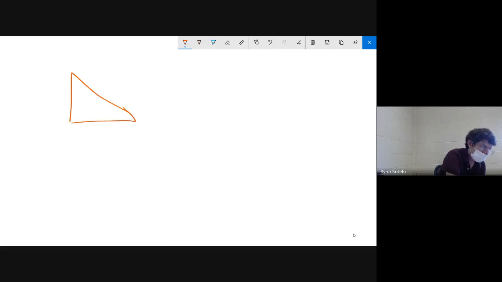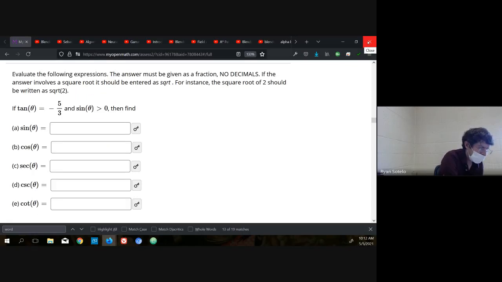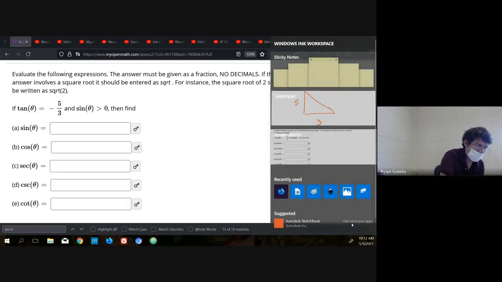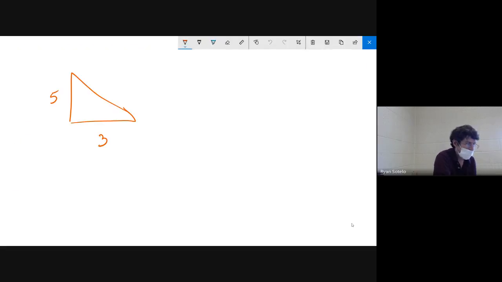I figured out that I got to go left. Let's see, 5/3. So let's say this is my angle. Tangent of that angle is minus 5/3. That's opposite over adjacent, so one of these has to be negative.